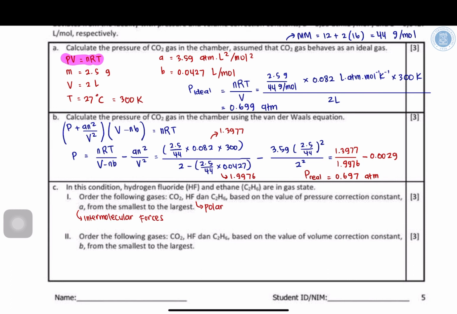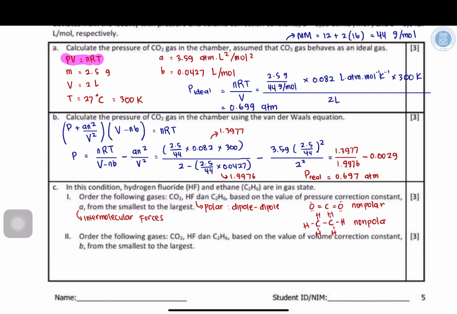So it is possible to have, for example, a dipole-dipole interaction. And then for the non-polar molecule, which is CO2, this is the structure of CO2. This is non-polar. And the other one is C2H6. So we have 2 carbon and then each has 3 hydrogen.